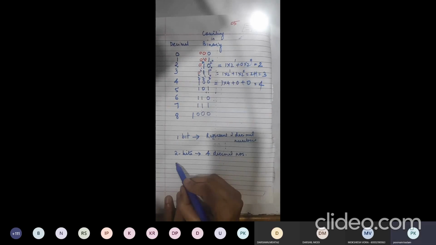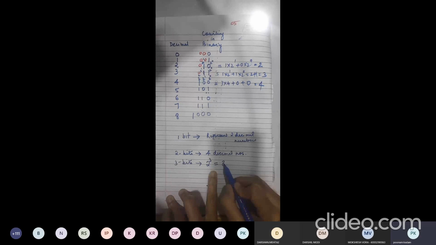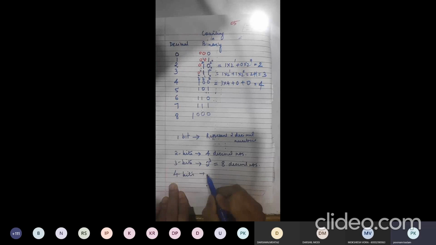With 3 bits, how many decimal numbers can be represented? 2 raised to power 3, very good. That is 8 decimal numbers. With 4 bits, you can represent 2 raised to power 4, that is 16 decimal numbers, right?